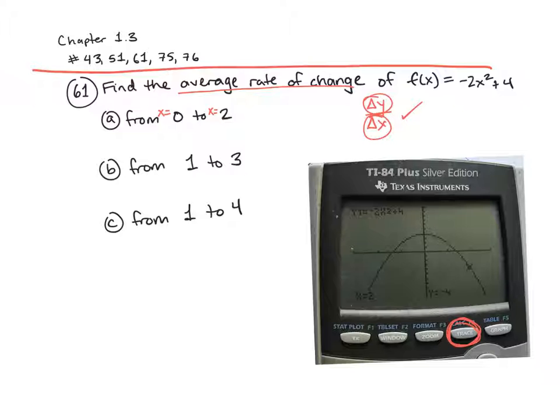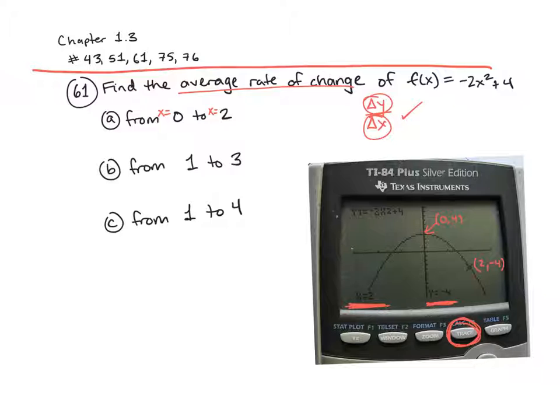So I typed in the number 2, enter, and then it said, okay, when x is 2, this is what your y is equal to. So I know that right here, that point is 0, 4, and I know that this point is 2, -4.